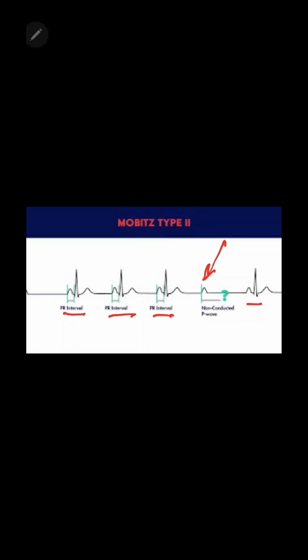And once again, it is important for you to remember this is not an atrial problem. This is a problem at the AV junction. So all the P to P intervals remain constant. They must for this to be considered an AV block.